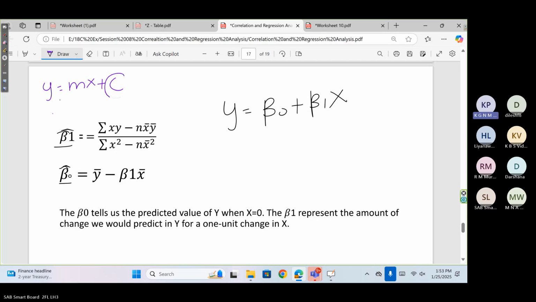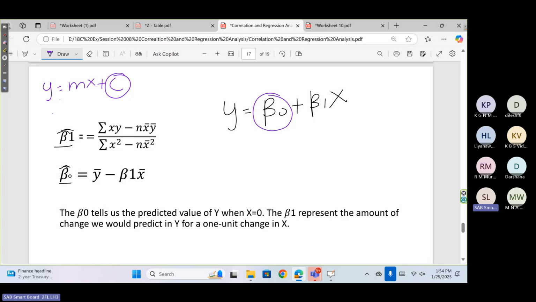Here c means the intercept, the y value when x equals 0. Here c is beta naught. Statistical notation uses beta naught. Understood? What is beta naught?